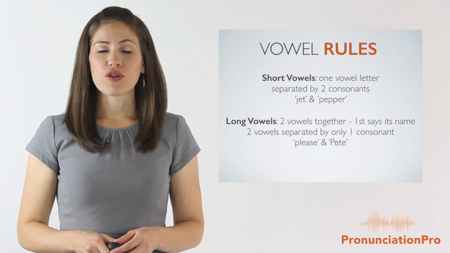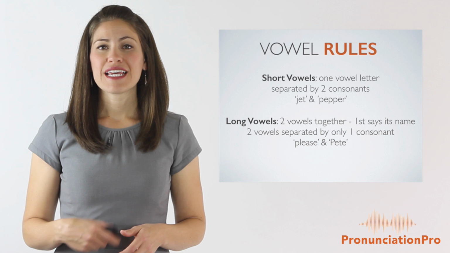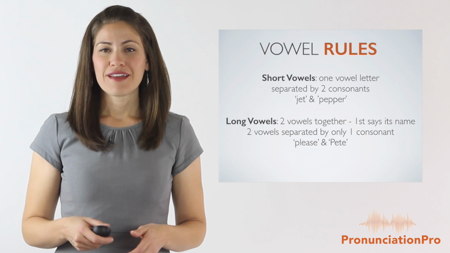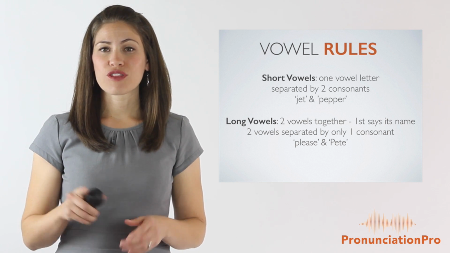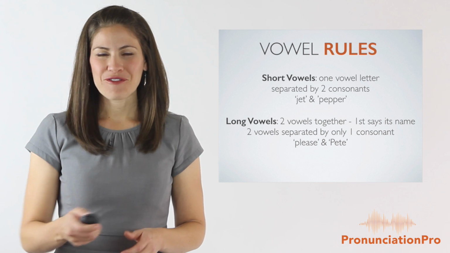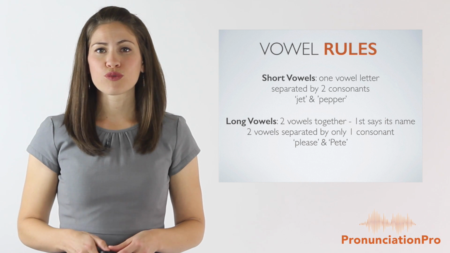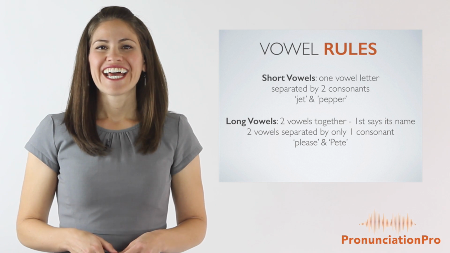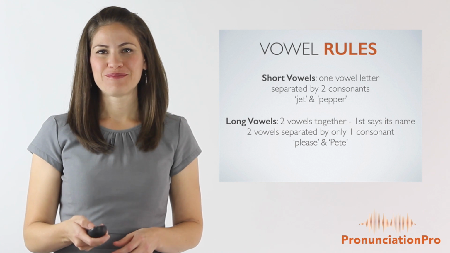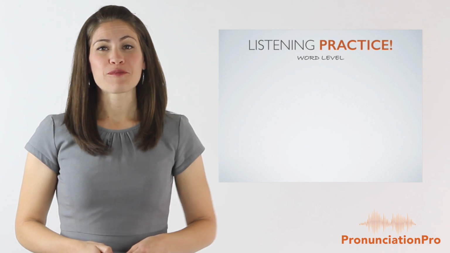Okay, so for example, in a word like Pete, that E is going to get a long E instead of the short because those two E's are separated by only one consonant. Okay, hopefully that makes sense. I've included the Vowel Rules worksheet in the downloads section of this lesson for you to review. All right, let's get into our listening practice.